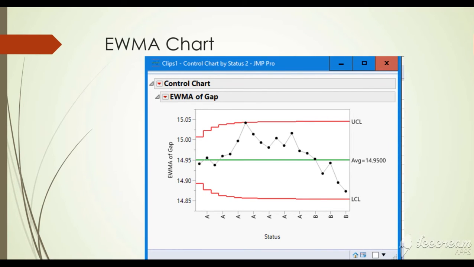EWMA is also showing the average of the gap of clip, but in this case, all the previous subgroups are accumulated, so each plot shows the accumulated average of the gaps of the clip.